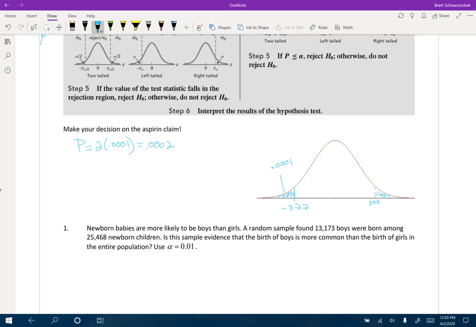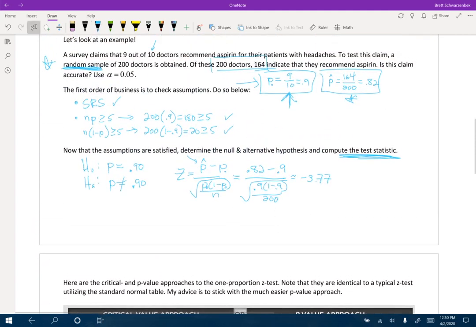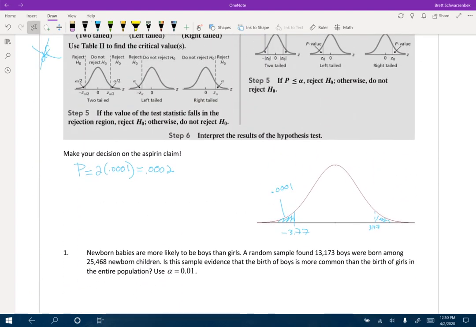Okay, that's a pretty low p-value, right? So what is that going to mean? Since we're comparing that to our alpha in our problem, remember our alpha, if we go back, is 0.05. So we would say since 0.0002 is less than alpha equal to 0.05, we need to reject H naught.